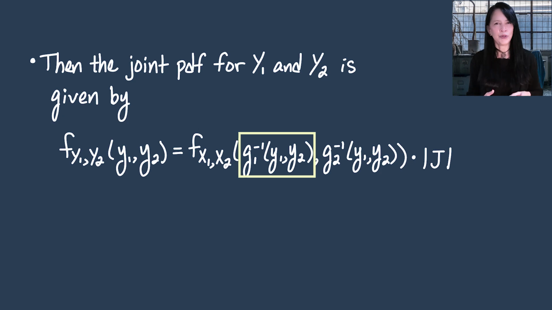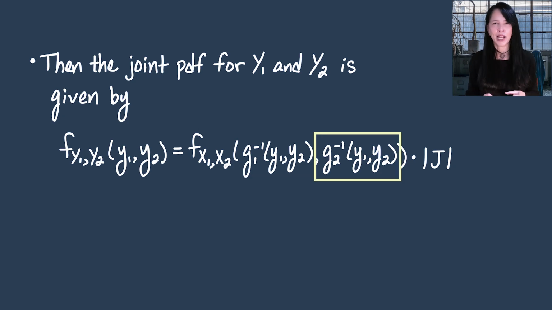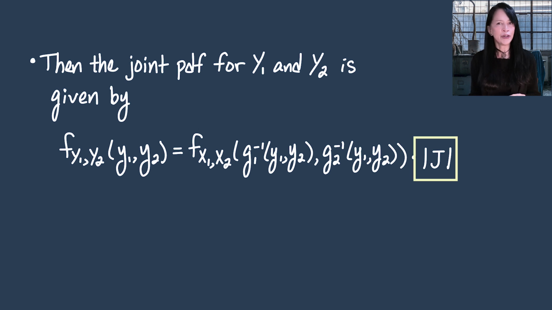So this is what you get for x1 when you solve for it in terms of y1 and y2, and this is what you get for x2. And then times the absolute value of the Jacobian. Now, the Jacobian is already a determinant of a matrix of partial derivatives. This is standing in for our derivative of g inverse of y in the one-dimensional case, and that formula had an absolute value around that derivative.